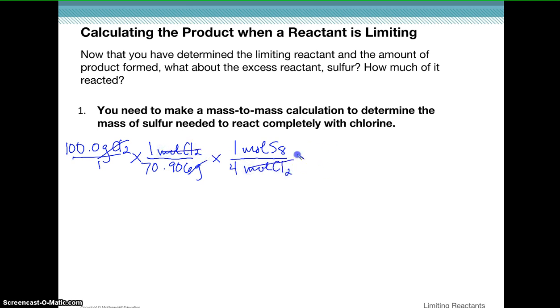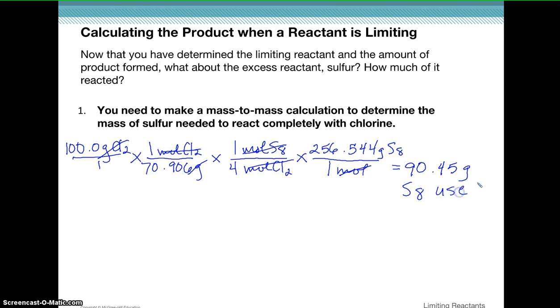Those cancel, and then we want grams of sulfur, so we use its molar mass. Moles cancel. Okay, so what we just figured out is 90.45 grams of S8 were used. That's how much we used.